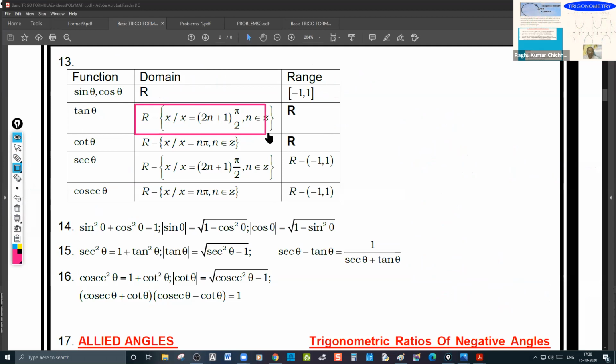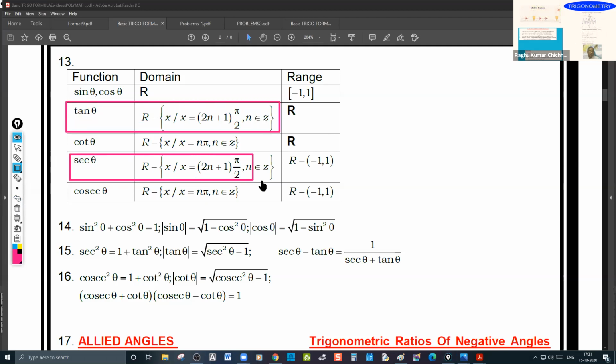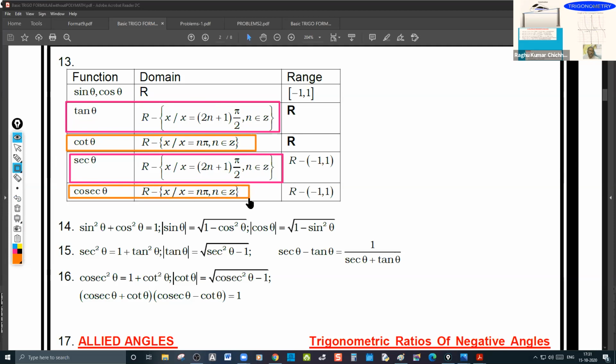Similarly, the cot theta domain is the same as that of cosecant theta, just for remembrance sake.